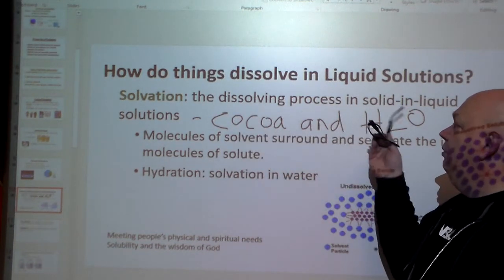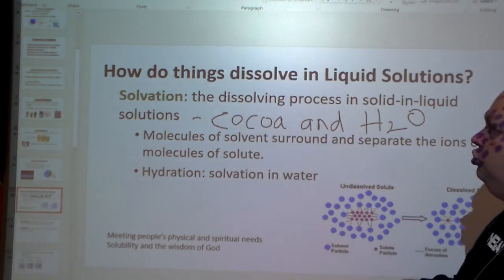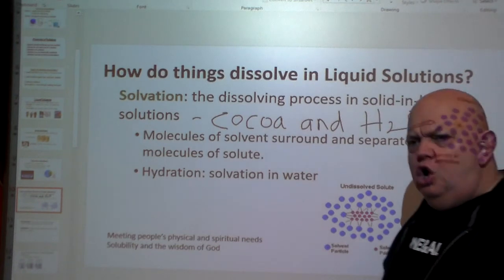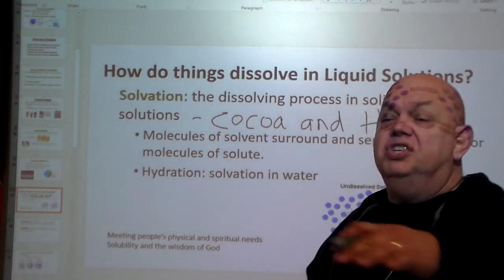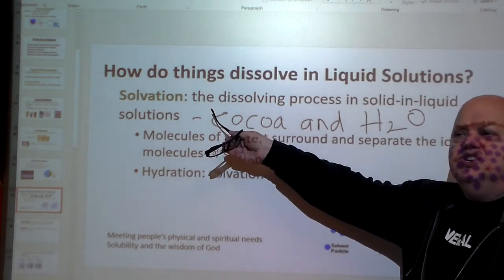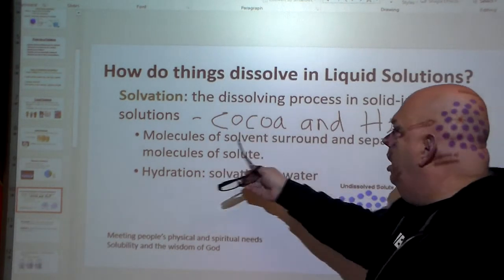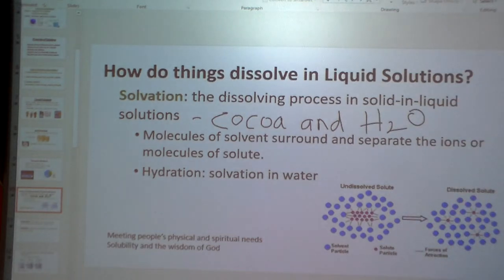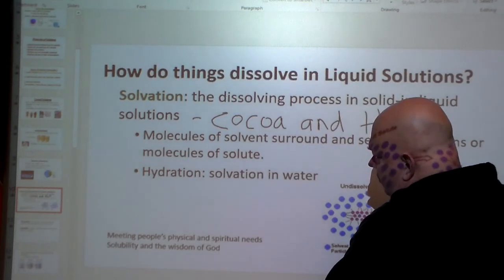That's a great example of dissolving a solid in a liquid solution. Or wait a minute, what about sugar in water or salt in water? All those are great examples where you can see solvation. The molecules of solvent surround and separate the ions or molecules of solute.